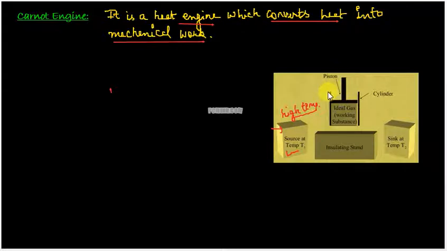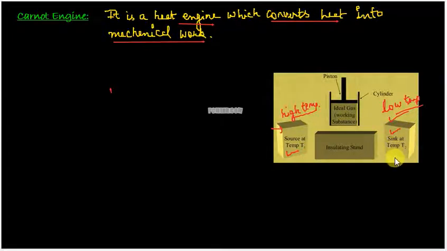The next important thing is the sink of heat, at a temperature T2. This is at a low temperature, which we maintain so that any amount of heat can be rejected to it. The working substance absorbs heat, does some work and rejects the remaining heat, and that has to be given to something, and that is our sink.